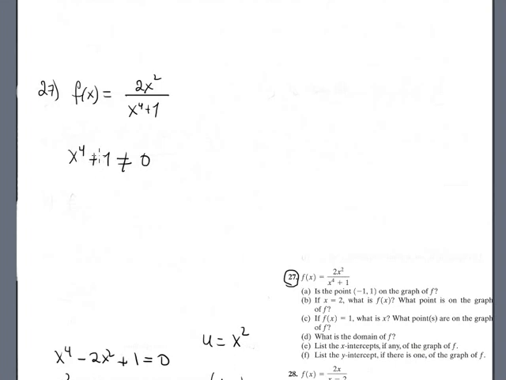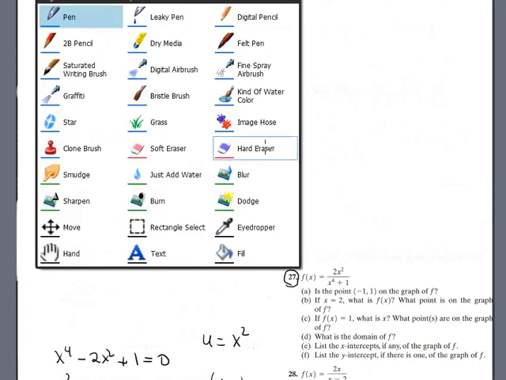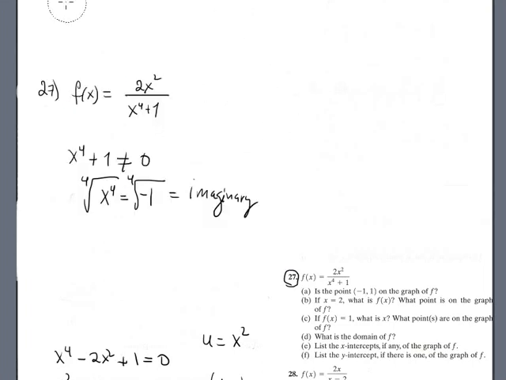This is a 4th-degree equation. In this case the only possibility is to try to isolate x to the 4th as negative 1. When you take the 4th root, it is obvious that the answer is imaginary. So now the conclusion: the domain of the function f is all real numbers. Good.